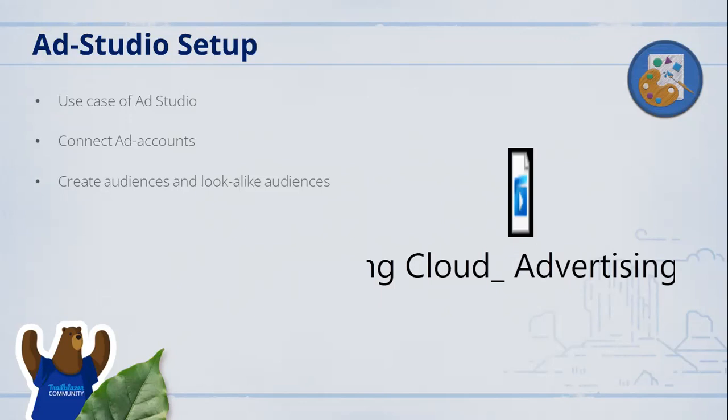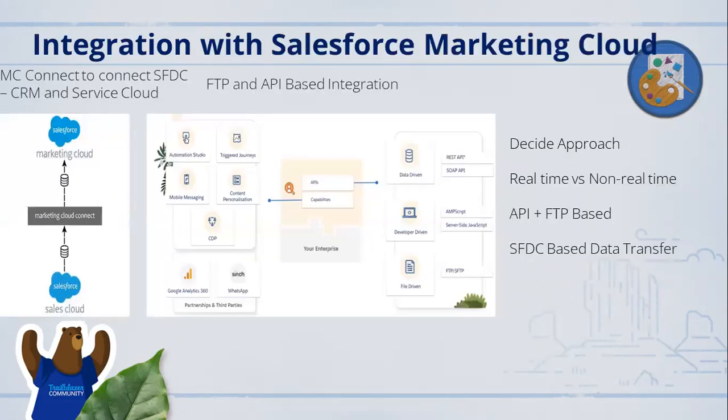Post this now comes the integrations. This is where all your data from various systems comes into Marketing Cloud. There are various options for how you can integrate Marketing Cloud.